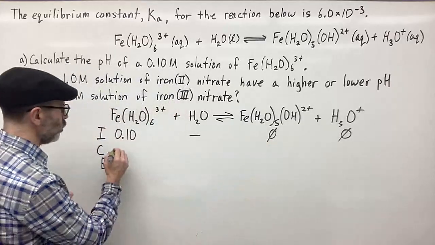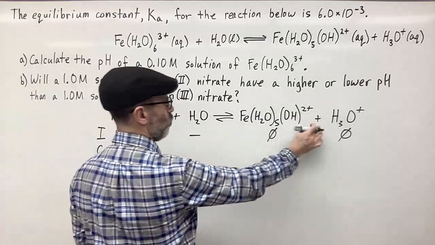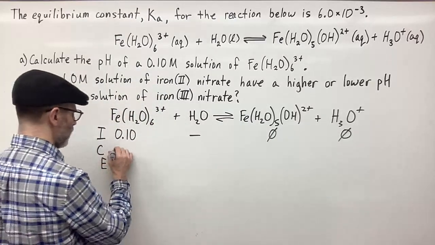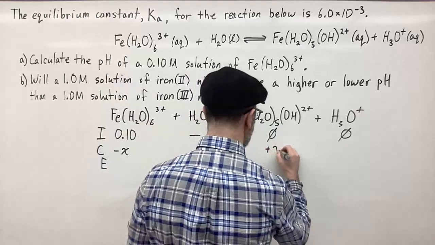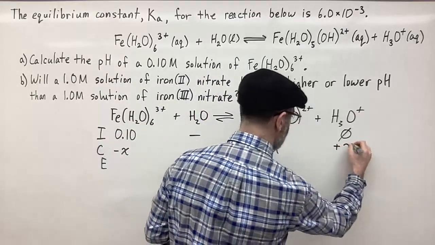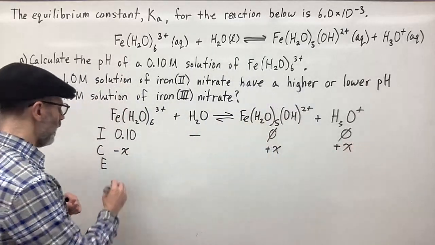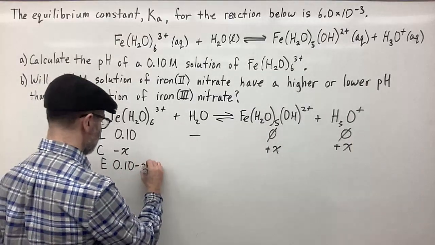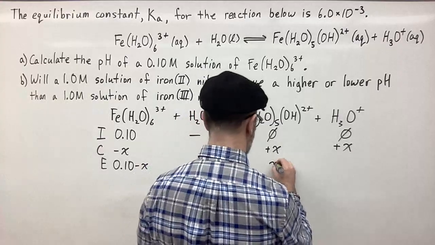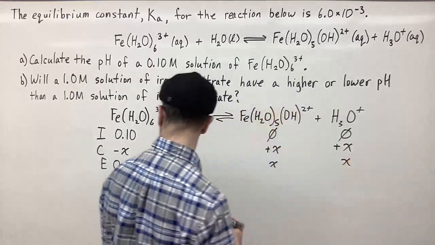And since this is a 1 to 1 to 1 ratio, we're going to lose an X amount here, and we're going to gain an X amount here and here. And then we add these together, we get 0.10 minus X, and this is going to be X and X.